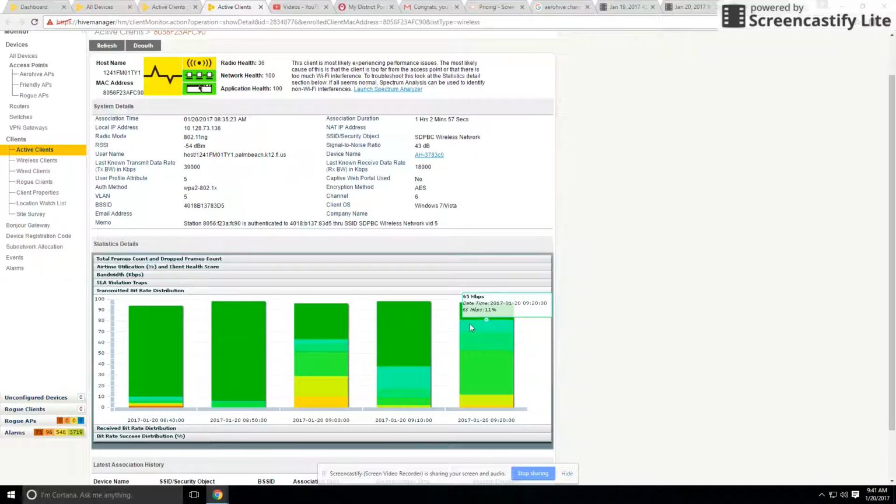We hit our 72 for some of them for 16%. We had to drop to 65 for 11%, to 58 for 17, to 52 for 41, to 39 for 10, and even down to 26. So things aren't quite perfect there, but they're tolerable. And remember that the bulk of the data is going in the direction from the access point towards the client.